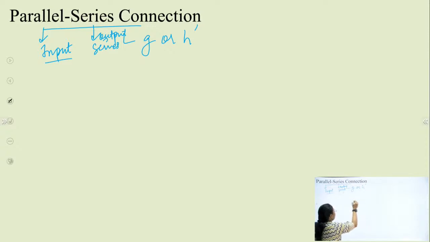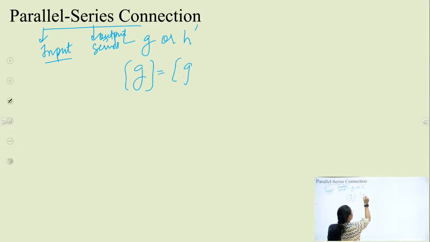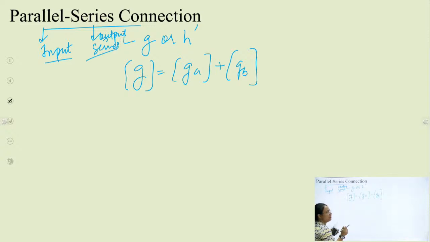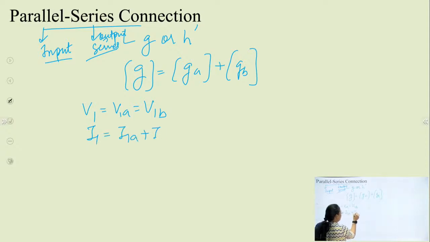Again for this connection, we'll get the output G will be equal to GA plus GB, and use the relations. Input पे parallel connection है, so voltages at the input terminal will be equal, V1 will be equal to V1A equal to V1B, and current will be I1A plus I1B, both currents of the input network, right?